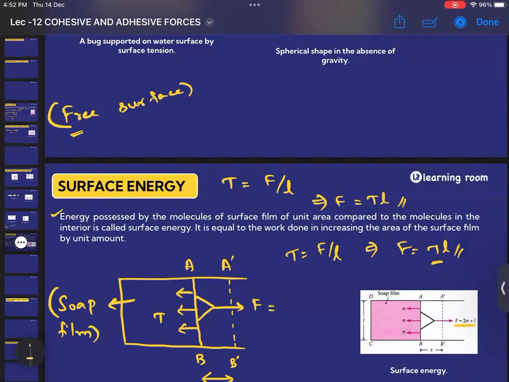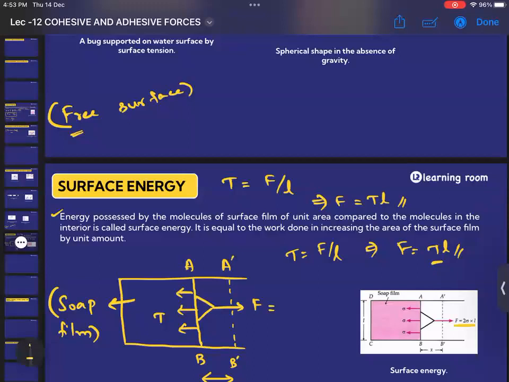Free surface basically means the surface which is exposed to air. So wherever you see this word free surface going forward, you need to understand that I'm talking about the surface or the boundary that is directly exposed to air. Is that point getting registered in your mind?